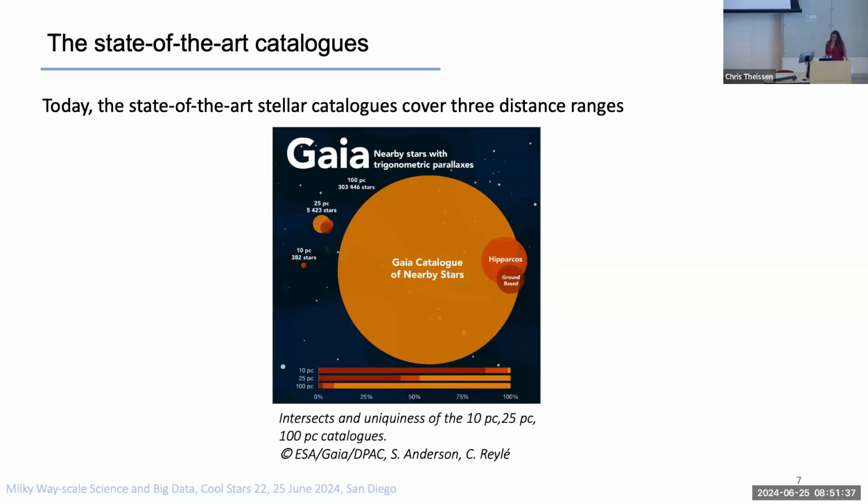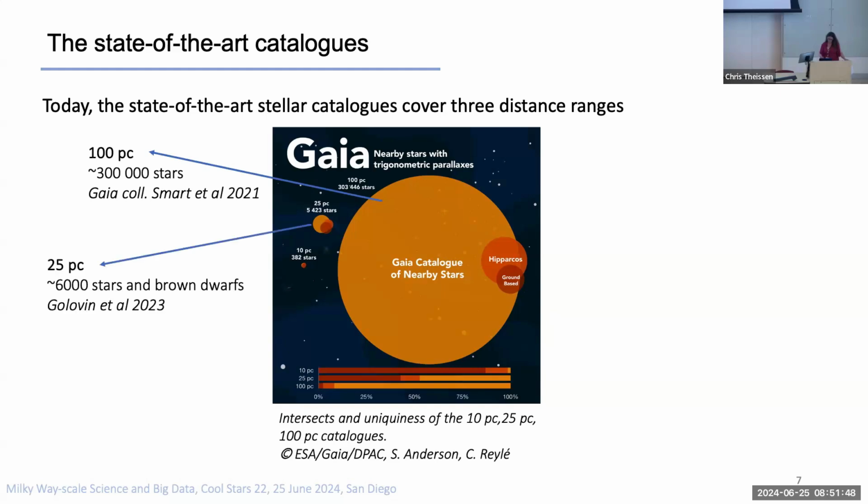Today's state-of-the-art stellar catalogs cover 3 distance ranges. With Gaia, we are able to have parallaxes for all stars within 100 parsec. There is also effort at the intermediate volume, 25 parsec, for instance, which has stars, but also fills out the census with brown dwarfs.